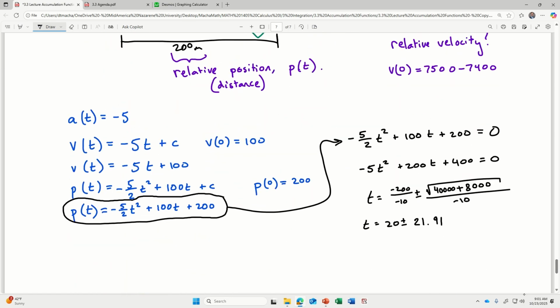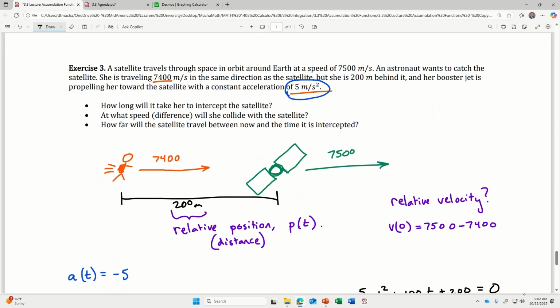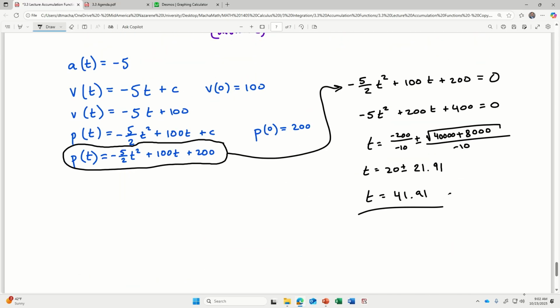So we forget about the negative values of t in this situation, and we just look at the positives. We say t equals 41.91. That must be the time it takes her to intercept the satellite. And that's what, seconds? Yeah, we're in seconds. So how long does it take her to intercept the satellite? 42 seconds.